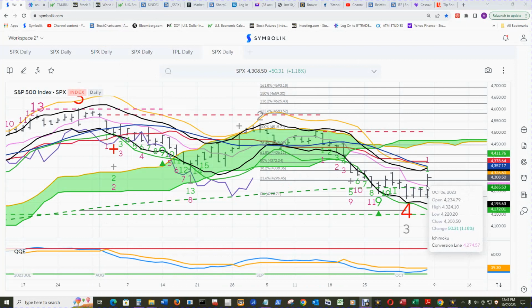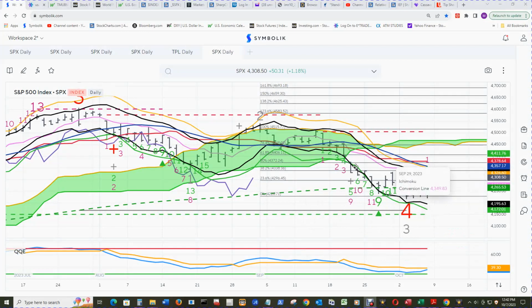And the conversion line, 4274.57, should be pretty good support, as it is near the 200 EMA at 4265.53, this dashed green line here. So we'll be paying close attention to this area for tomorrow and the next several days, actually, 4355.53.